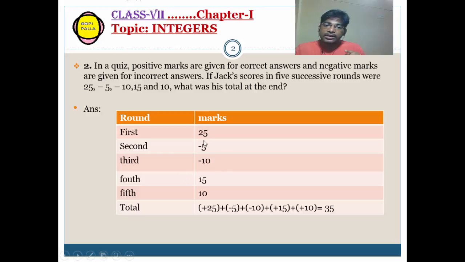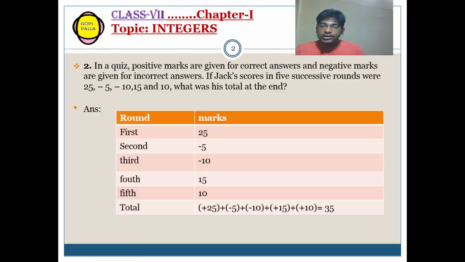The integers with positive sign are 25, 15 and 10, three integers, and 2 integers, -5 and -10, have the negative sign.